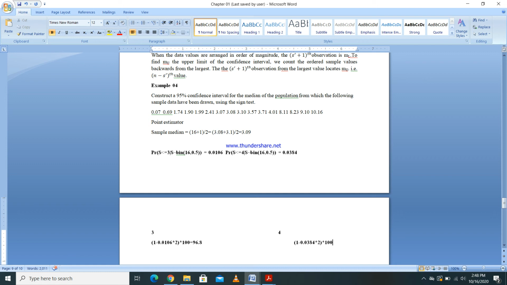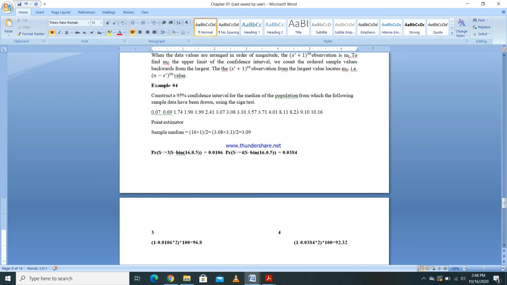So that is 1 minus 0.0384 multiplied by 2, multiplied by 100. So you will get 92.32.